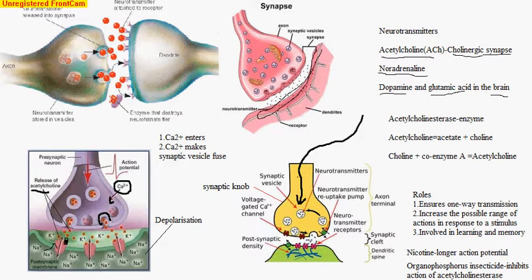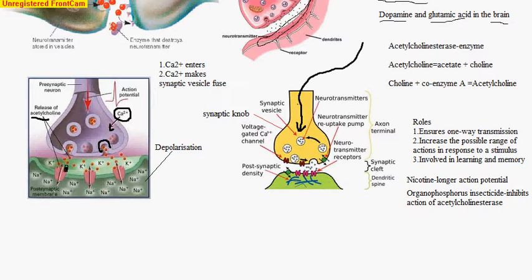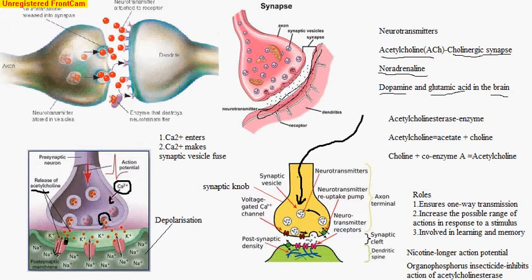Sodium ions are moved inside. Actually, they are moved this way, and when the sodium is already over here, this causes depolarization, and we have an impulse created over here, an action potential.